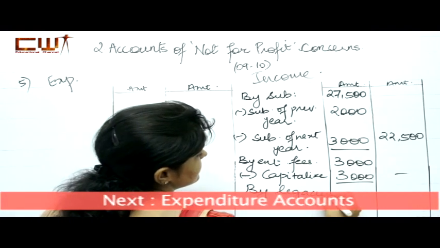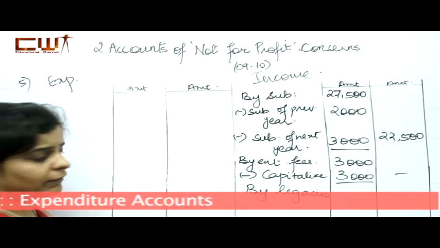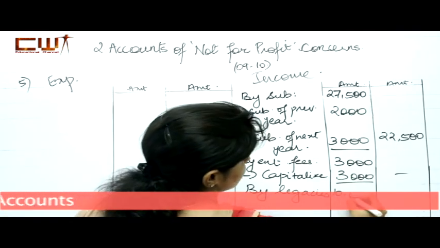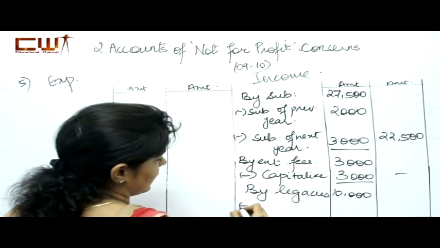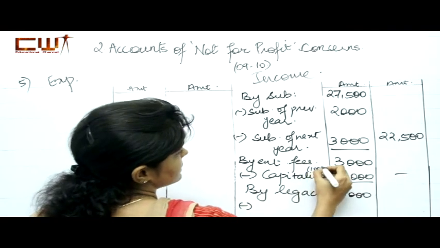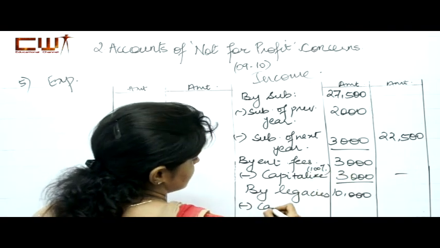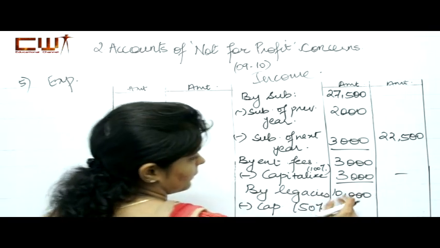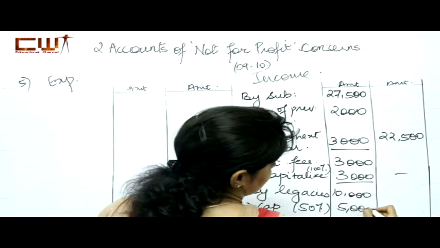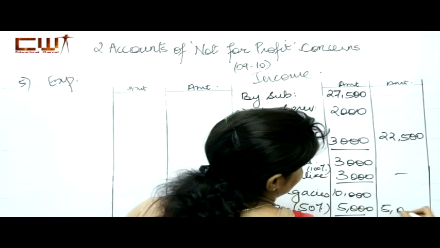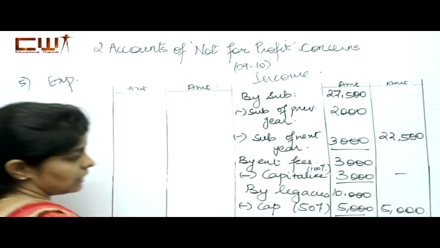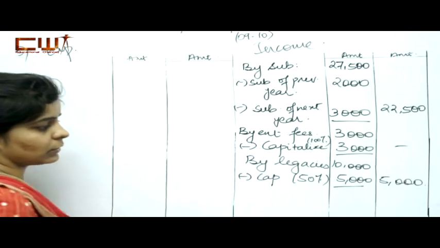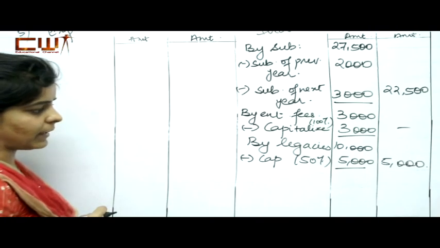How much have they given to you? They have given legacies as 10,000. And how much is to be capitalized? 50%. So 50% of 10,000 is how much? 5,000. So you have got legacy of 5,000. This 5,000 you will add to the capital fund in the balance sheet.